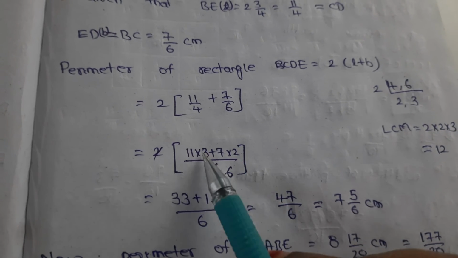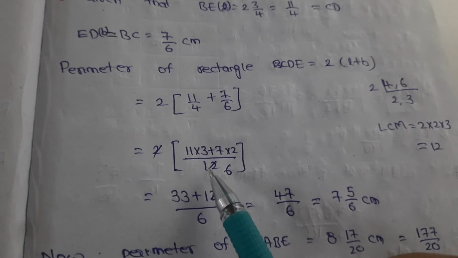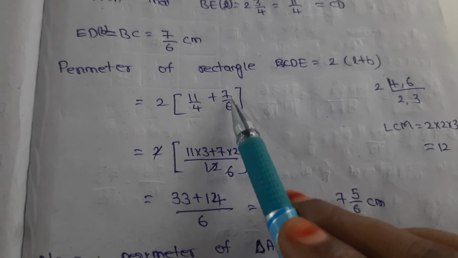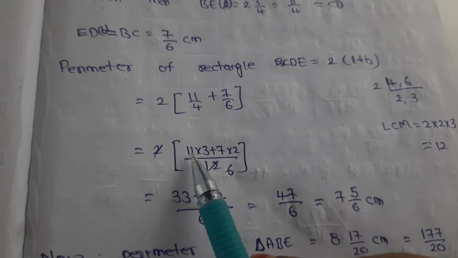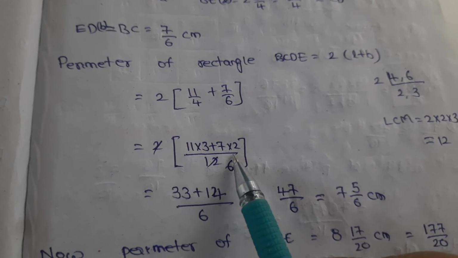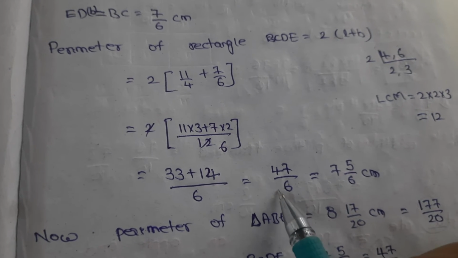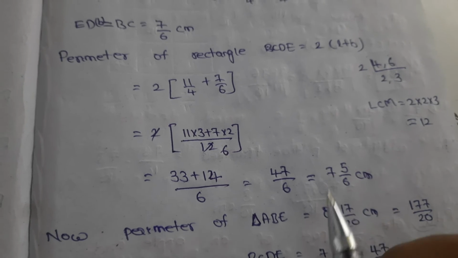That becomes 11 into 3 plus here in the second fraction, to change it into LCM 12, we are going to multiply denominator with 2. Similarly, we multiply numerator with 2. Therefore, the numerator becomes 11 into 3 plus 7 into 2, which is equal to 33 plus 14 by 6, which is equal to 47 by 6. This is the perimeter of the given rectangle.